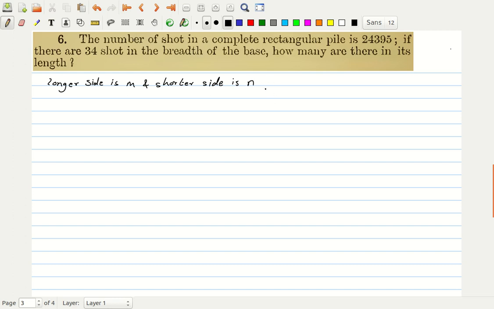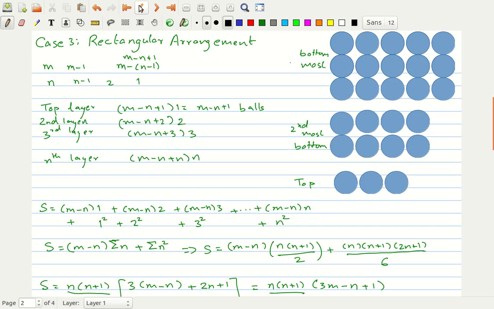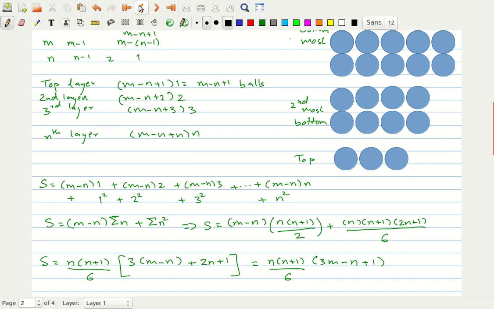We know that if you arrange the balls in a rectangular pile, the total number of balls is given by n times (n plus 1) divided by 6, times (3m minus n plus 1). We have already seen how to derive this formula in the earlier video, so I recommend that you watch that video again.